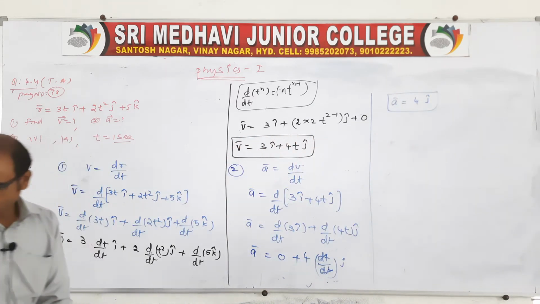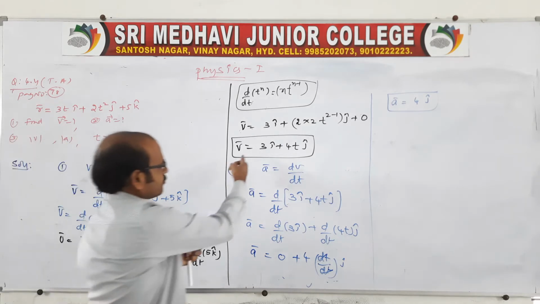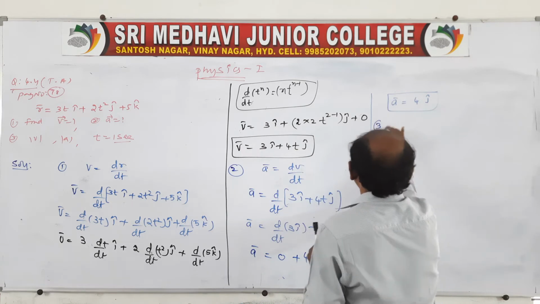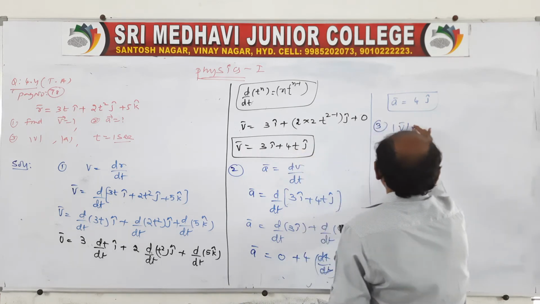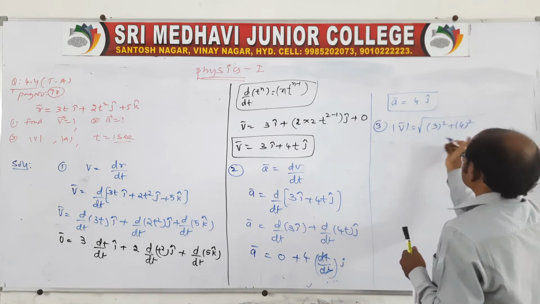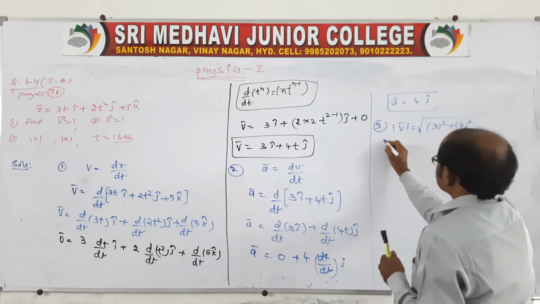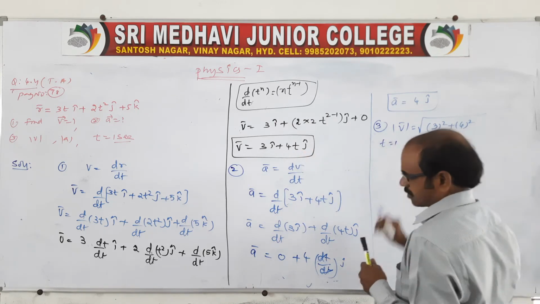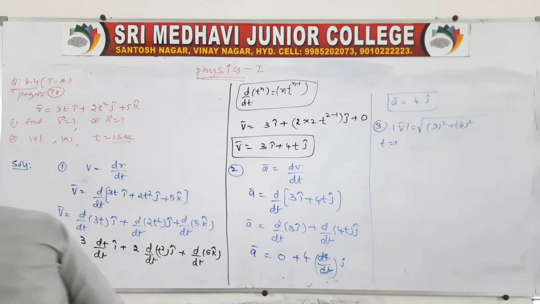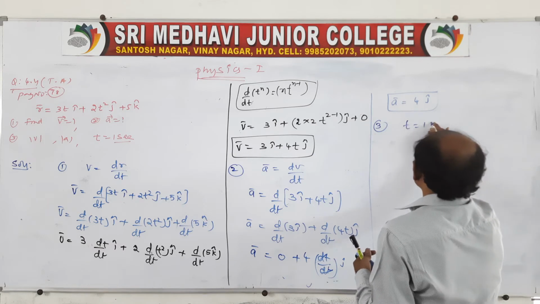So this is the acceleration and velocity of the given particle. Clear? It is also asking to find the magnitude of v and a bar. For the third one, the magnitude of v is equal to root over 3 square plus 4 square. Time is equal to 1 second is given, so you first substitute the t value.